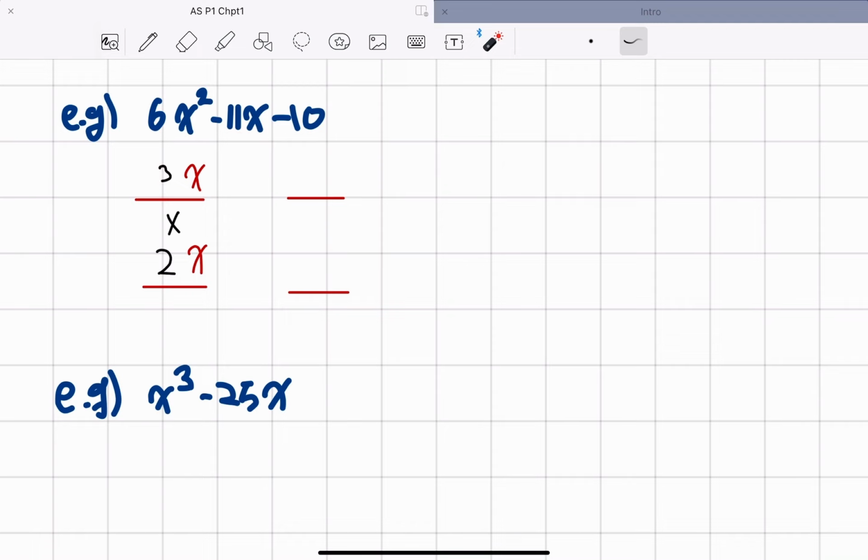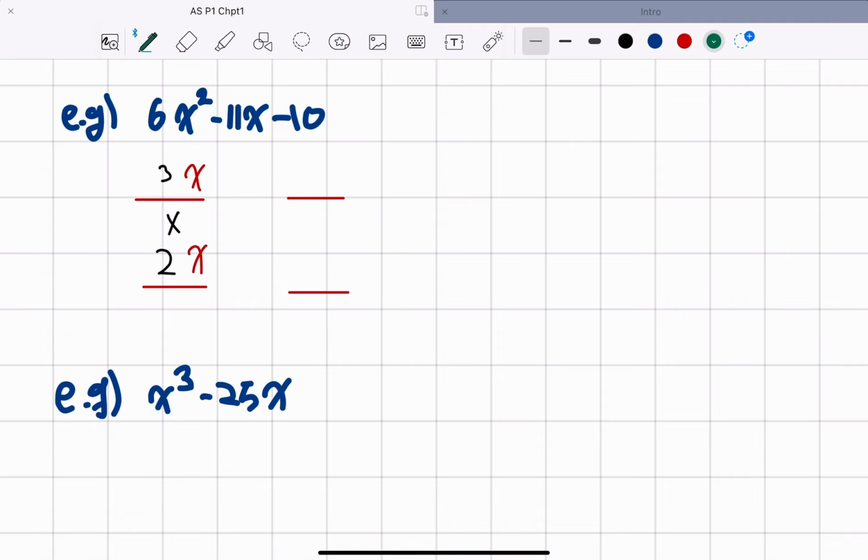Do the cross multiply. So 3x and times this one, which is just a constant number. Let's take 2, and it should be 5, right? So this one, 3x times 2, which is 6, 2x times 5, which is 10, but it doesn't make sense, right? So let's try with different combinations.